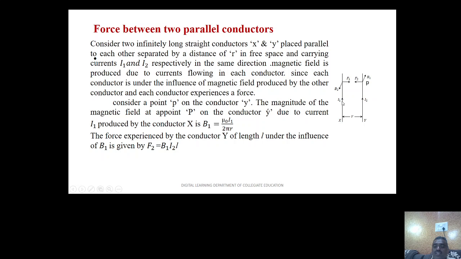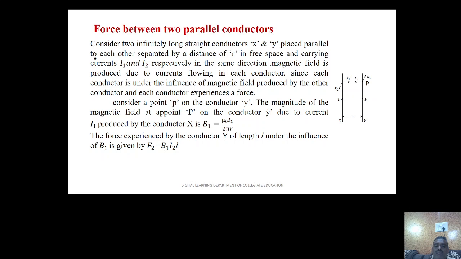We know that a current carrying conductor produces a magnetic field. These two conductors X and Y produce magnetic fields B2 and B1 respectively. So consider a point P on the conductor Y.